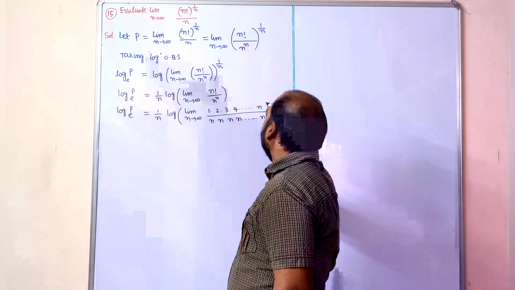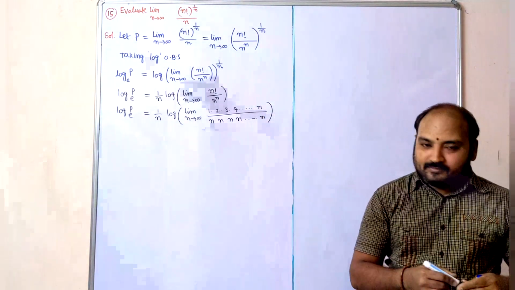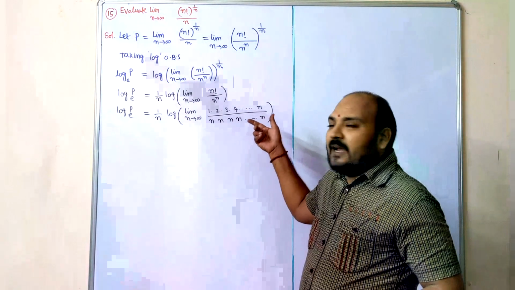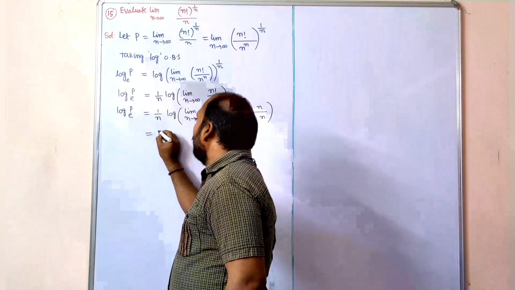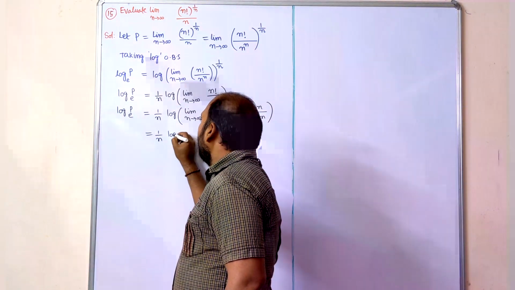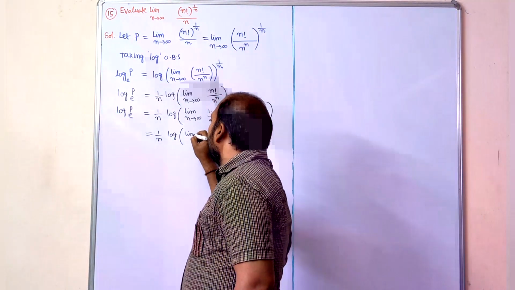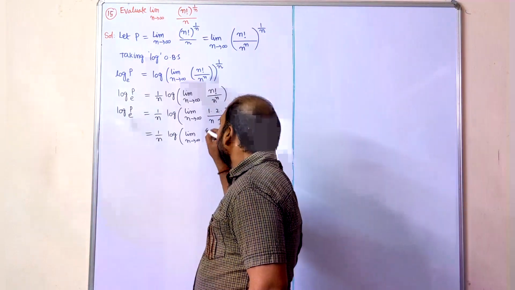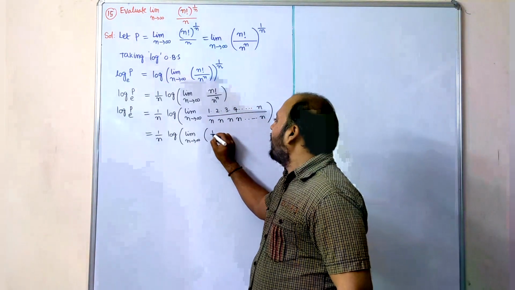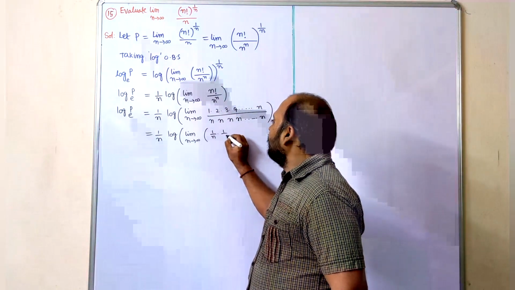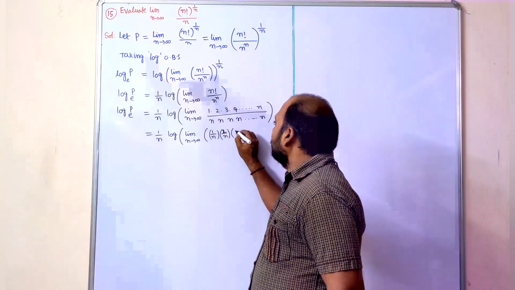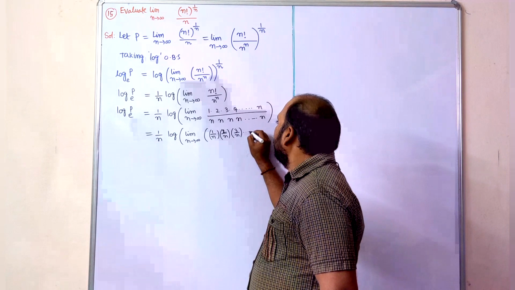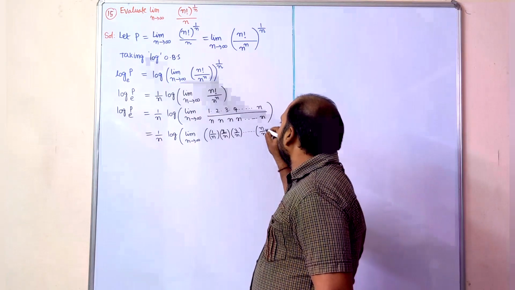Observe dear students, 1 by n log of limit n tends to infinity can be written like this: 1 by n into 2 by n into 3 by n and so on n by n.